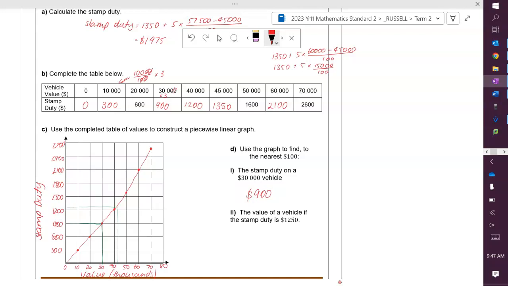I've already drawn this in here with this green line. You can see I've gone up to roughly where 1,250 is, drawn a line across until I hit my line, and then come down. This is an estimate, but I would say roughly $42,000. There would be leeway in relation to what you've written there depending on your graph, so long as your graph is drawn correctly.